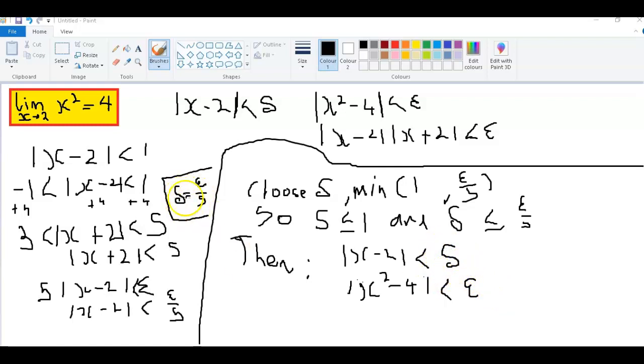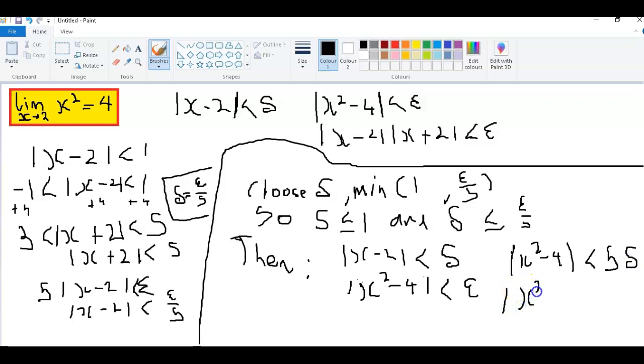If I look at this equation, I can rewrite epsilon as 5 delta, 5s, see? So I'm going to rewrite it over here. So the absolute value of x squared minus 4 is less than 5s, and you know s is delta. And now here's the fun part.